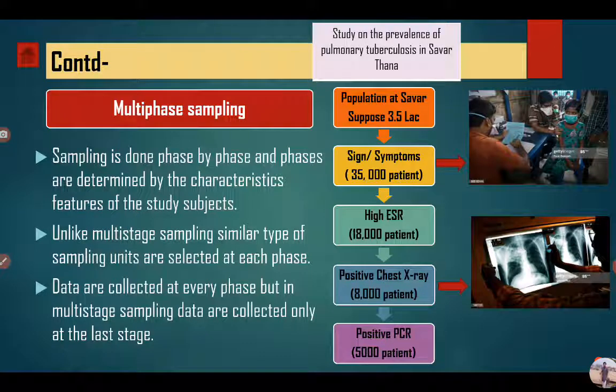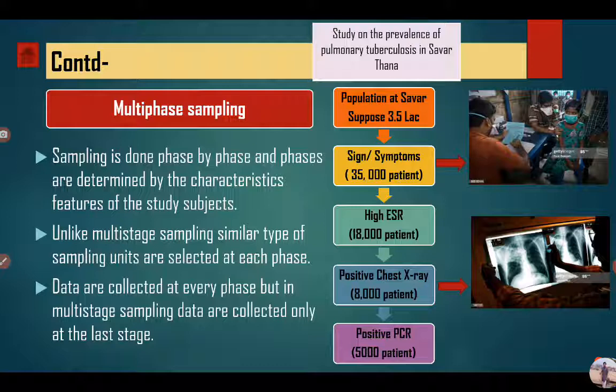These 8,000 patients then undergo sputum PCR, and 5,000 patients become sputum PCR positive. These 5,000 patients can be used for determination of the prevalence of pulmonary tuberculosis in Savar Thana.